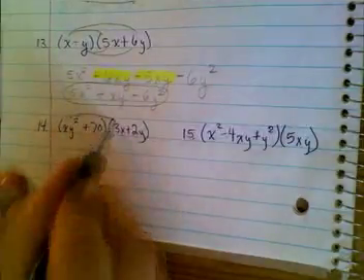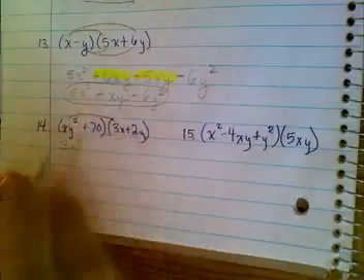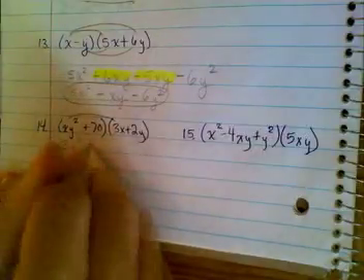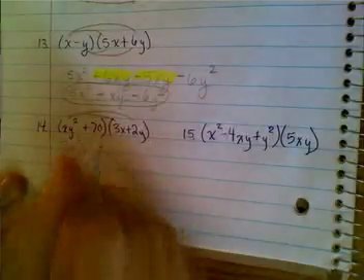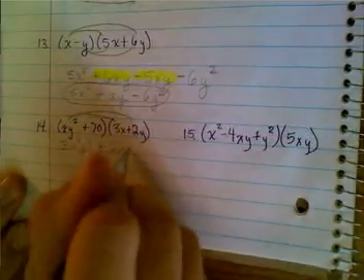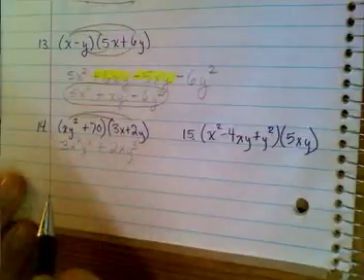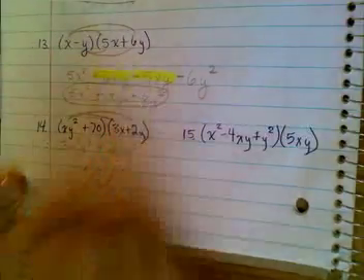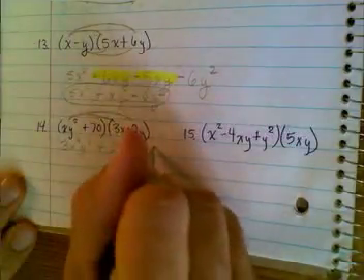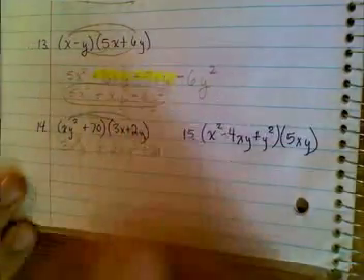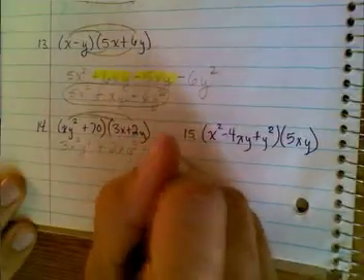14. Xy squared times 3x is 3x squared, because x times x is x squared. And then you just leave the y squared there. Plus 2xy to the third. See the y times the y squared. Plus 70 times 3 is 210x.